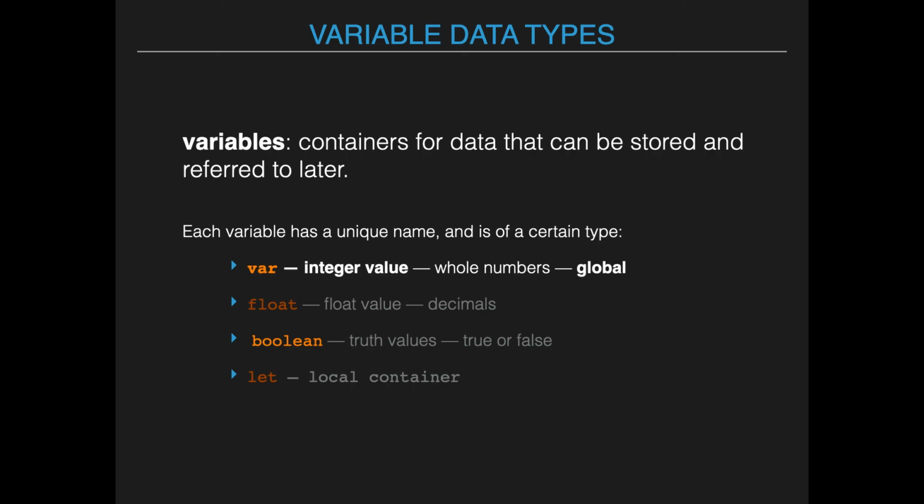The most common that we're going to be dealing with are variables, which is just condensed to var. These are integer values or whole numbers. I don't think they could be floating numbers. Somebody can let me know if I'm wrong on that.